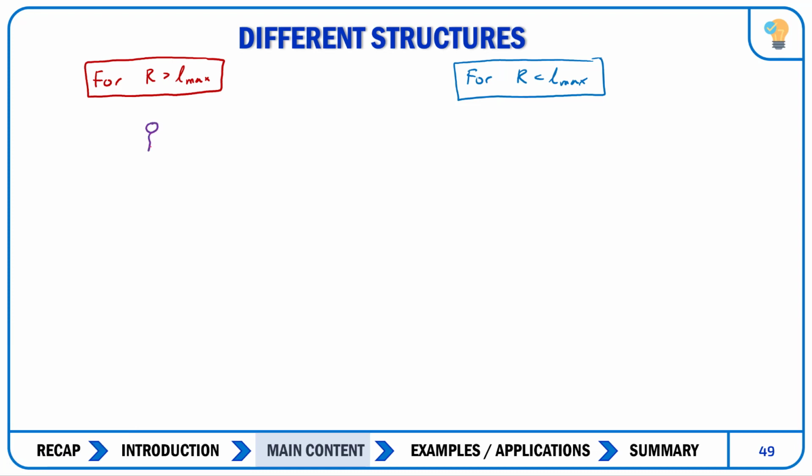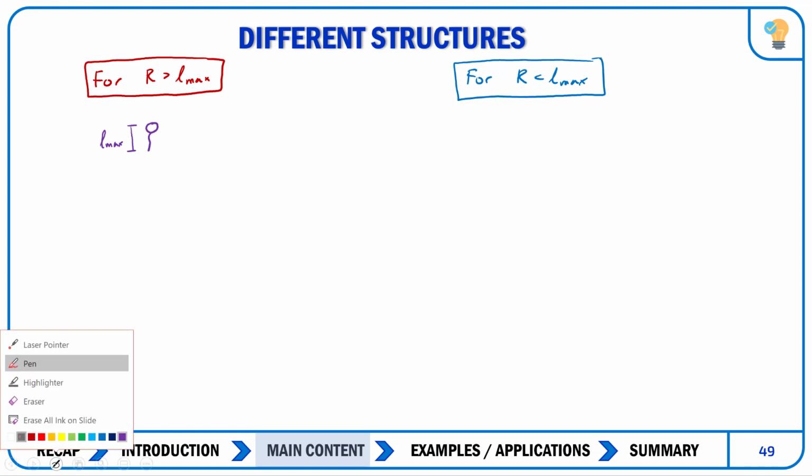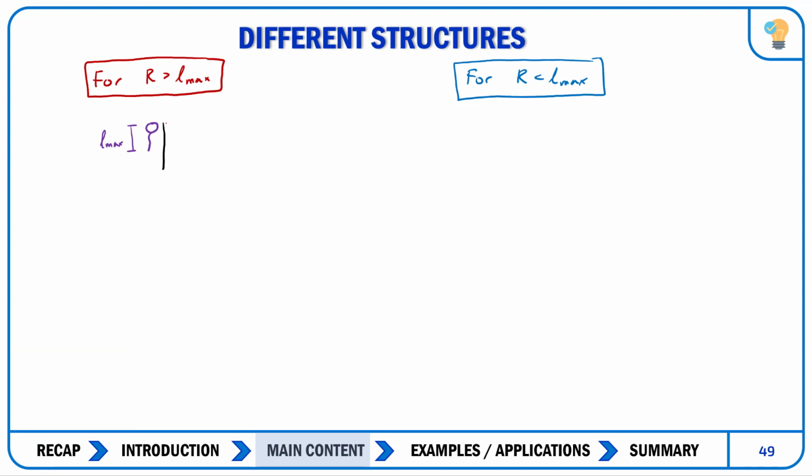So let's say I have a lipid here. This is essentially my L max. What this is saying is we're going to end up with a radius that's longer than L max. So what kind of shape will we even get from this? We're going to get a shape that looks like this. But the better way to draw this would be along the lines of this, and I'll erase that after.